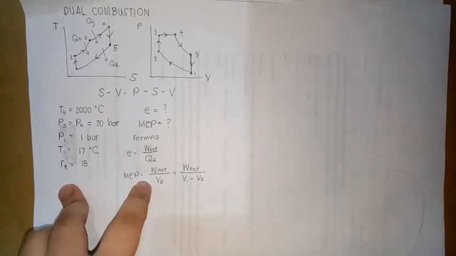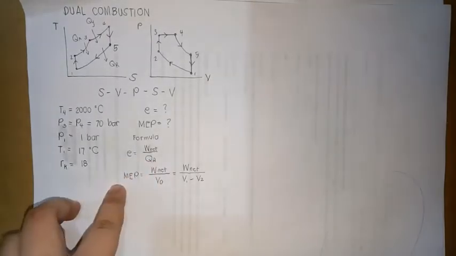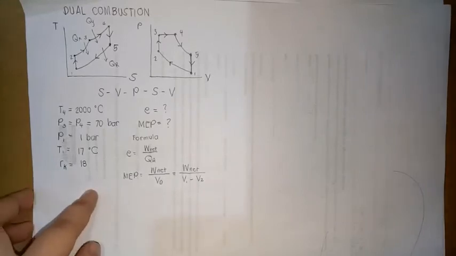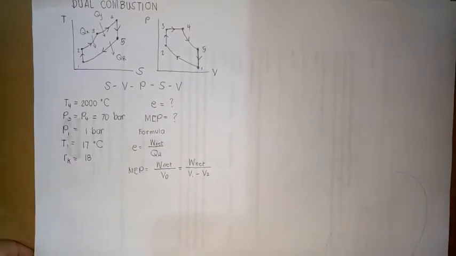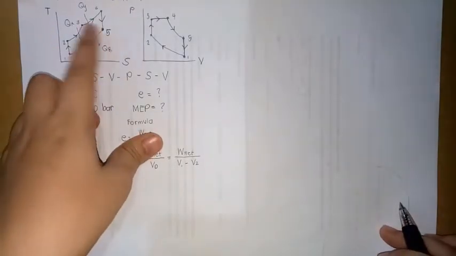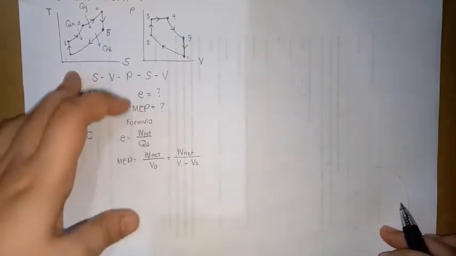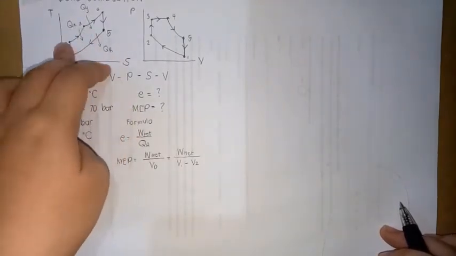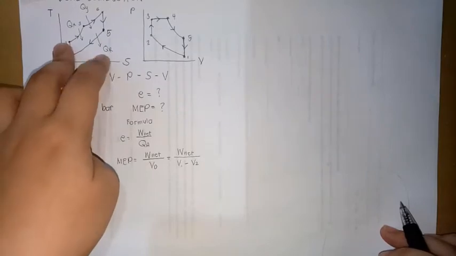So, how do we solve for efficiency? Work net over QA. And work net is calculated by getting the difference or the sum of all the heat that occurred in our cycle. And the sum of all heat is QA plus QR, and QR's sign is negative.